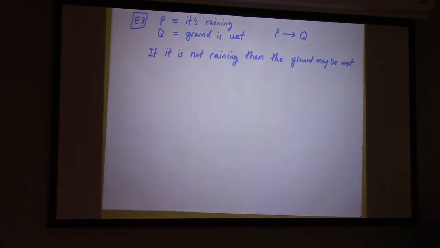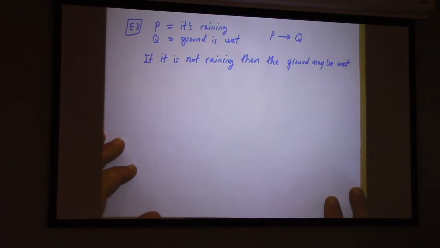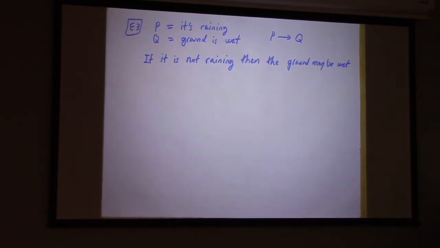You could have just put a hose on the ground or something. That's the language that the conditional allows us, and to be used in the true sense. Does that answer your question? From a more basic perspective, it's just by definition; this is what we agree on this logical operation to mean.